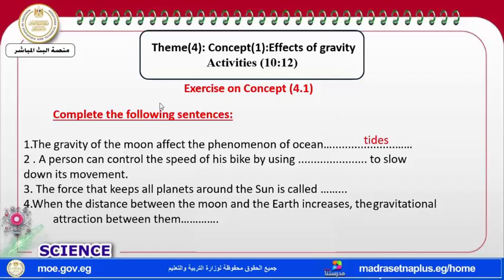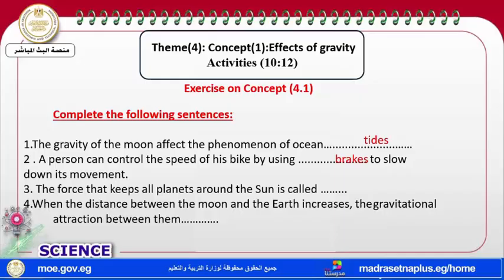The second one: a person can control the speed of his bike by using the brakes to slow the movement. So, to control the speed of the bike, we use the brakes to slow the movement.